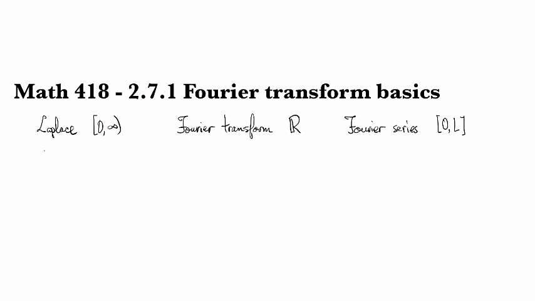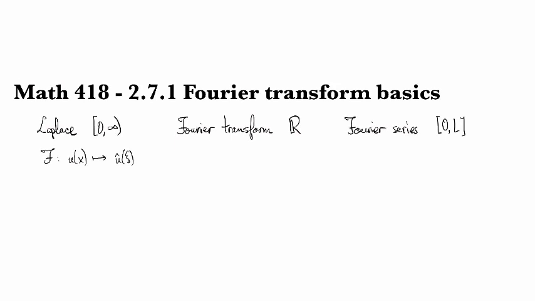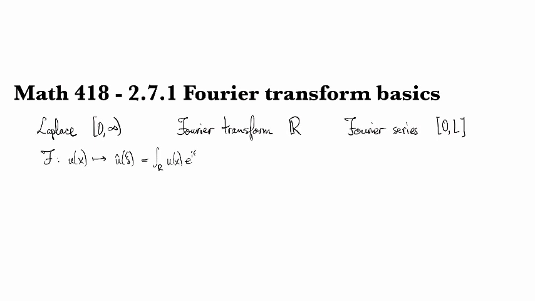So the definition: the Fourier transform takes a function u of x and transforms it into some function u hat of the new variable xi. This is defined as the integral over the entire real line of u(x) e to the i xi x dx.